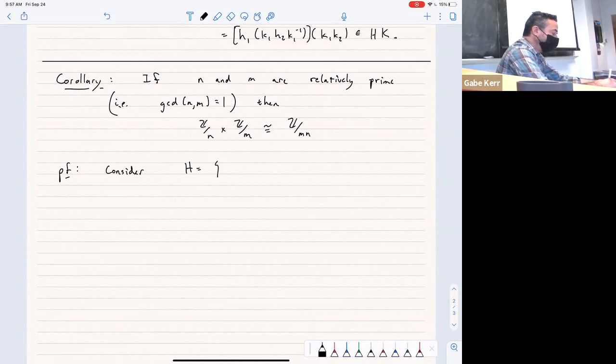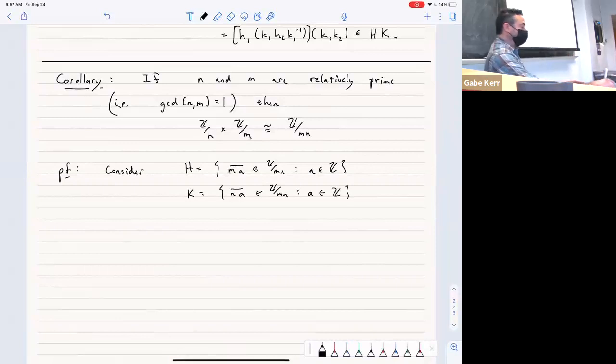So we'll talk about H equaling m times a, with a bar over it, in Z mod mn. And here a is an element of Z. So all multiples of m. Take K equal to n times a in Z mod mn.